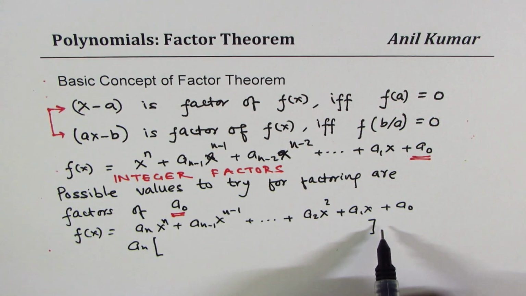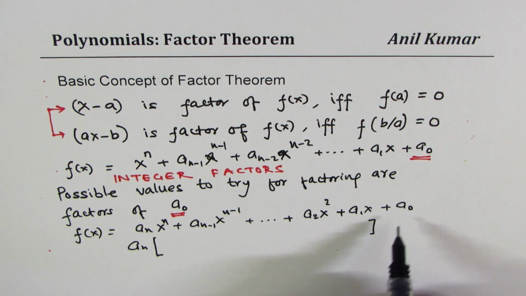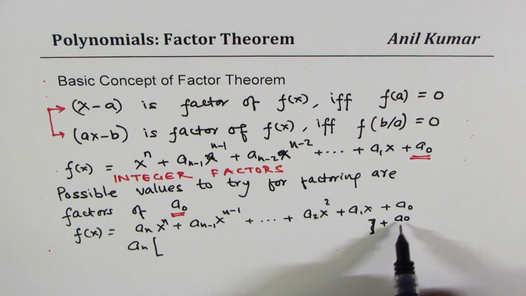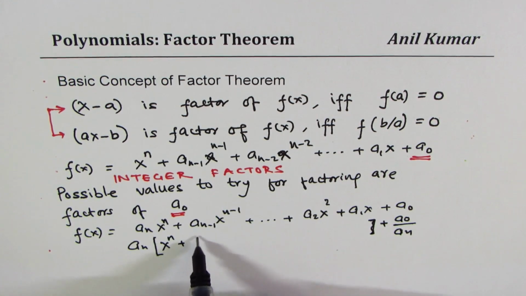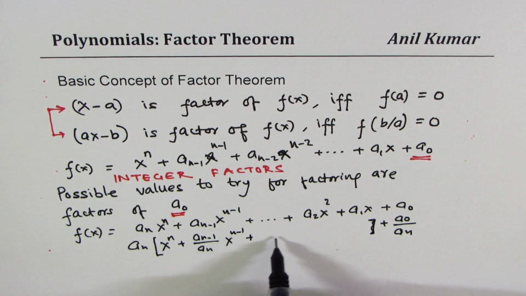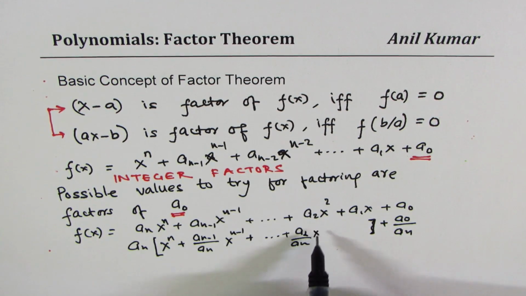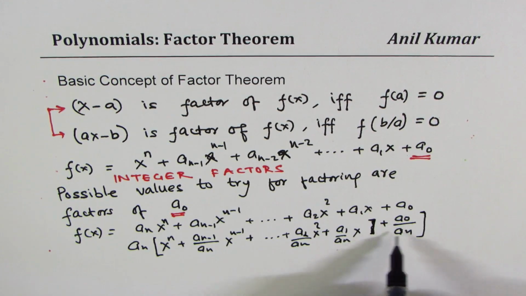And what you really note here is that the last term, a0, could be written as a0 over an. So basically we get x to the power of n plus an minus 1 over an x to the power of n minus 1 plus so on, a2 over an x squared plus a1 over an x plus all this.